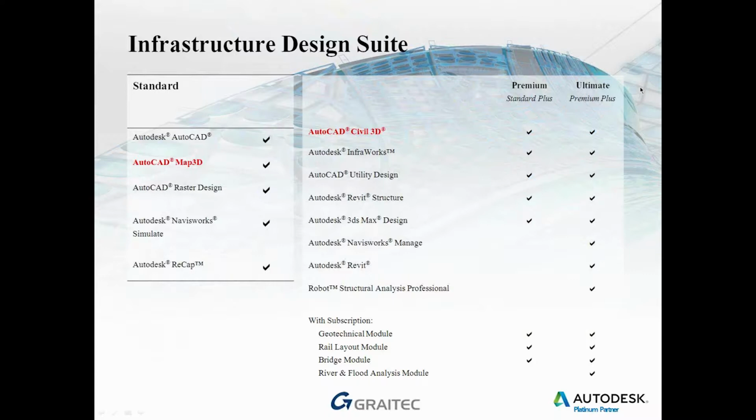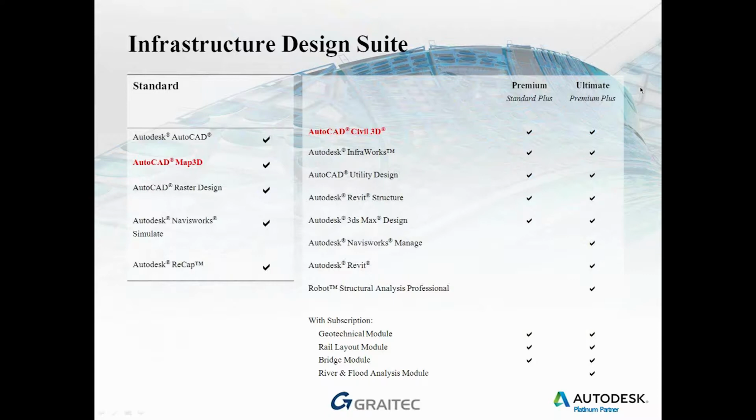The premium one is what I'm going to be concentrating on today, the premium and the ultimate. And this is to do with the Infrastructure Design Suite with Civil 3D. That's the main difference, and Infraworks. In addition to that, if you go for the ultimate, you get Navisworks Manage, Autodesk Revit and Robot Structural Analysis as well. So what does that really mean?